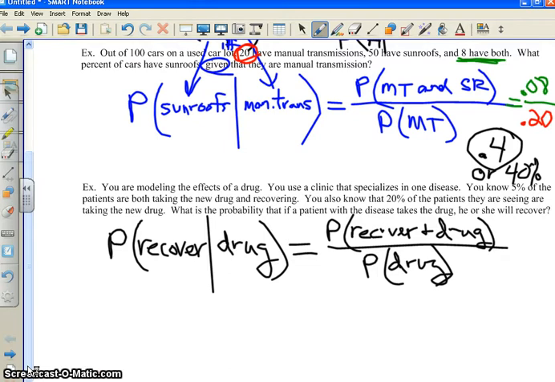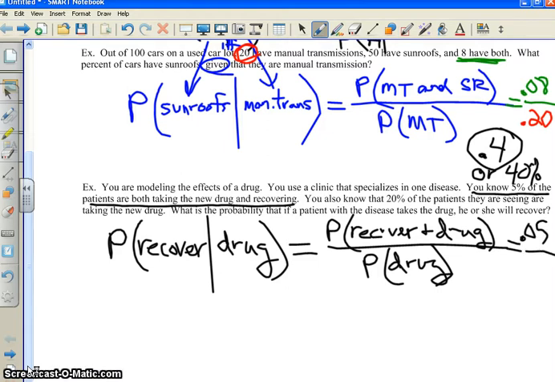So in the problem, let's see if we can pick out the probability of recovering and taking the drug. That's in this sentence right here. You know 5% of the patients are both taking the new drug and recovering. So my numerator is 0.05.